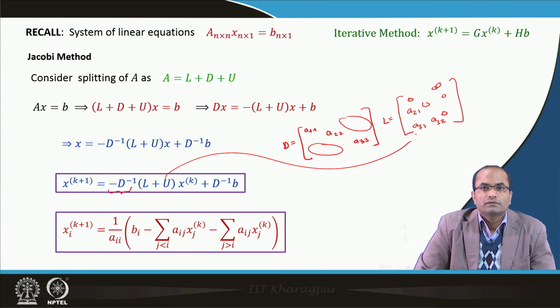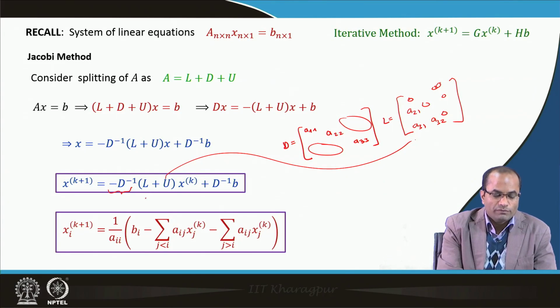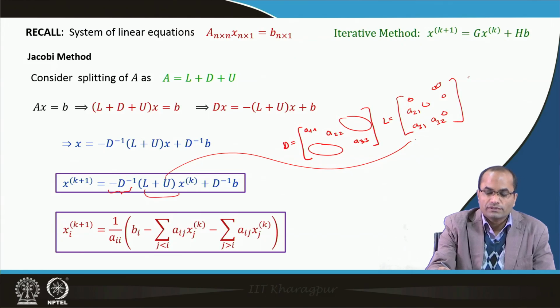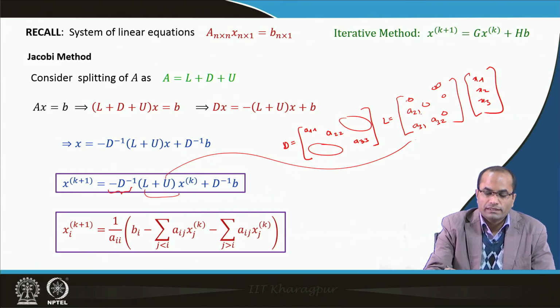So, when we multiply L to x, for instance with x 1, x 2, x 3, the first term is 0 basically, then A 21 is multiplied by x 1, and that is all.